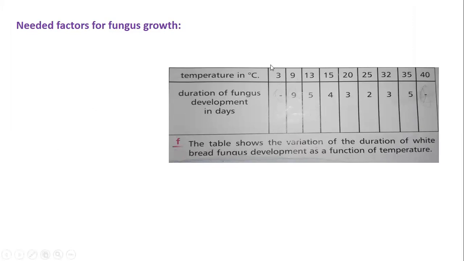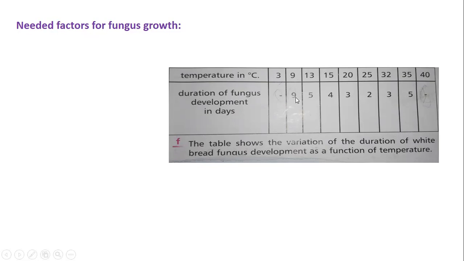Look at the variation of temperature. The table shows the variation of duration of white bread fungus development as a function of temperature. The posed problem is: does temperature control or affect the growth of fungus? Look at the time needed for growth. For 3 degrees Celsius, there is no development.